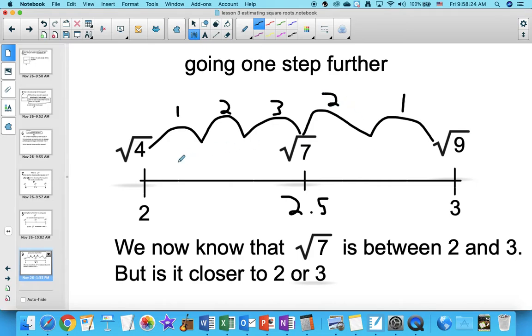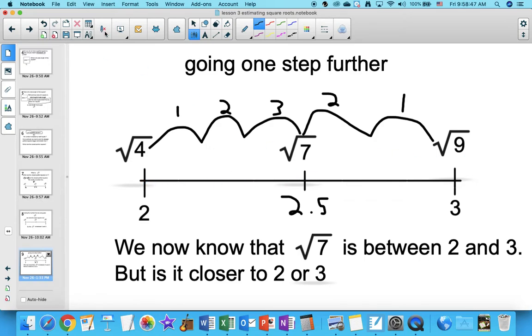So is it closer to the 4 or is it closer to the 9? Which one took the lowest amount of steps? Well, because it's closer to 9, we know it has to be more than halfway, right? If it was both equal, 3 and 3, then you know it's halfway. But because it's closer to 9, it must be further along the number line.